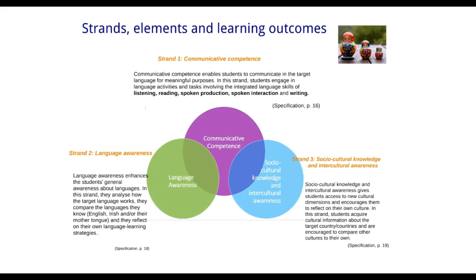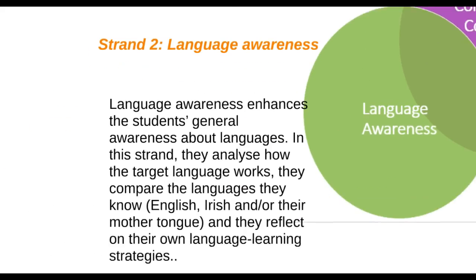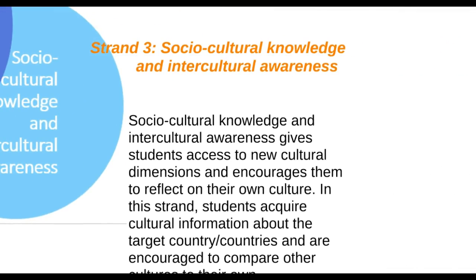The 39 learning outcomes are organised into 11 elements around 3 strands of communicative competence, language awareness, and sociocultural knowledge and intercultural awareness.